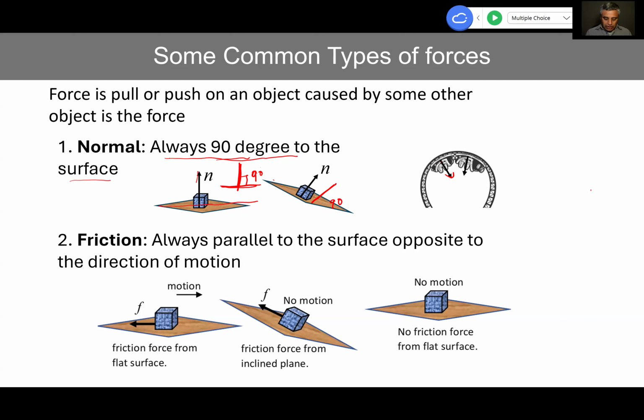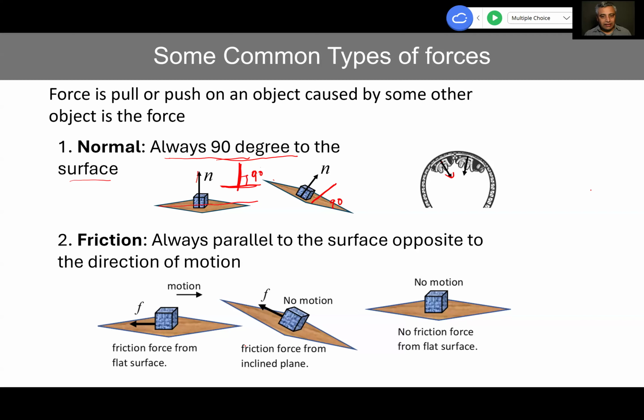So what happens? It is always opposite to the motion when the object is already moving. So here motion is taking place to the right and friction is pointing to the left. And for friction, we use lowercase f, okay? Lowercase f.